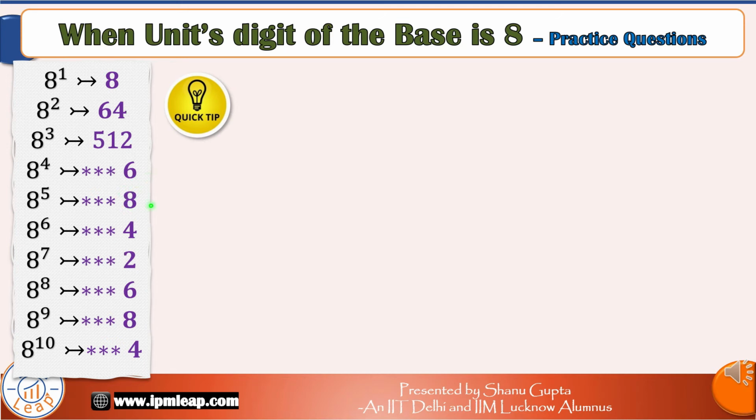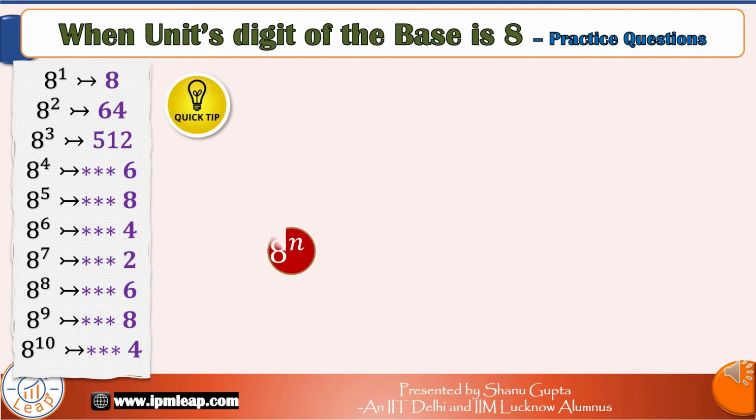So we write 8. Are you able to see that the unit digits have started repeating and there is a cyclicity of 4? The unit digits of the powers of 8 are repeating in a pattern of 8426 and again 8426, and this pattern will continue for higher powers of 8 as well.